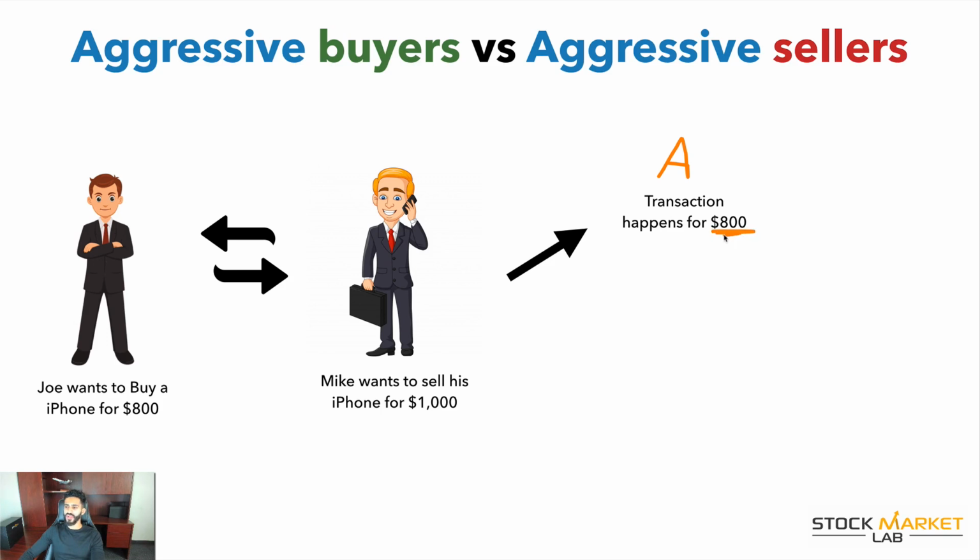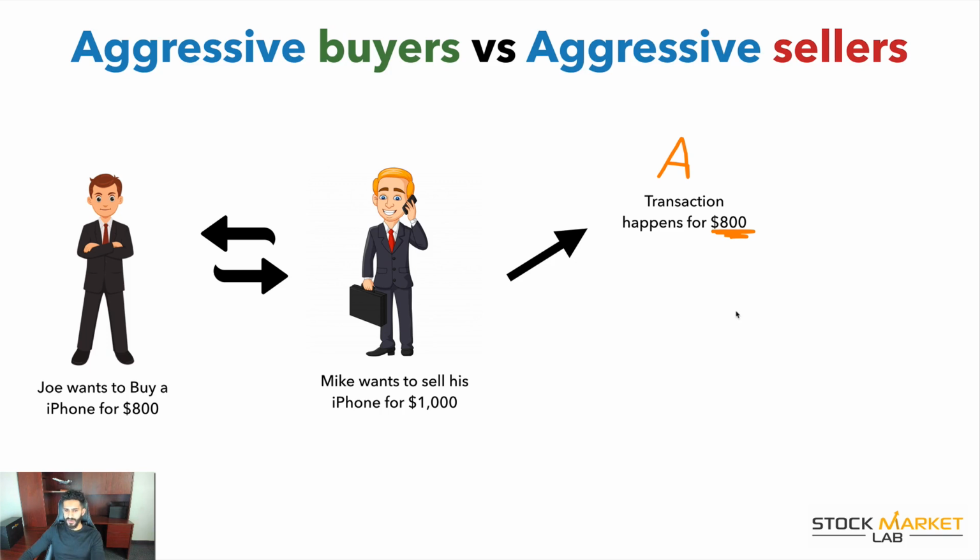So if the price is negotiated for $800, who is more aggressive? And I want you to think about that. Once again, Joe wants to buy an iPhone for $800. Mike wants to sell his iPhone for $1,000. The transaction takes place and happens for $800. As the transaction happens, who do you think is more aggressive, the buyer or the seller?